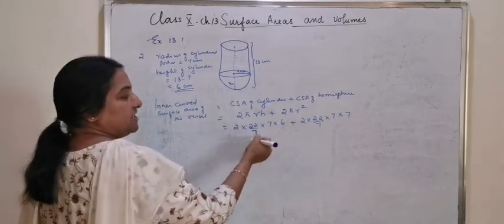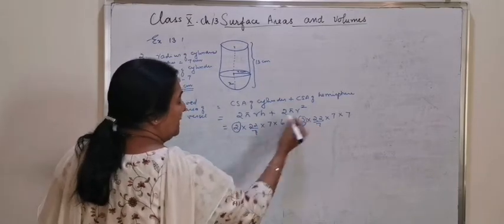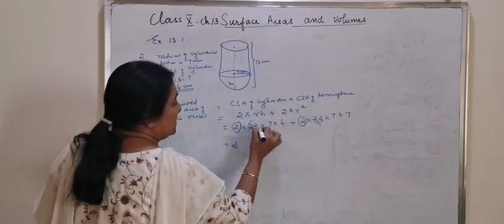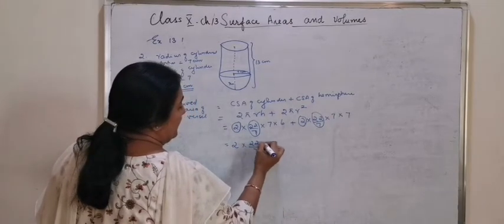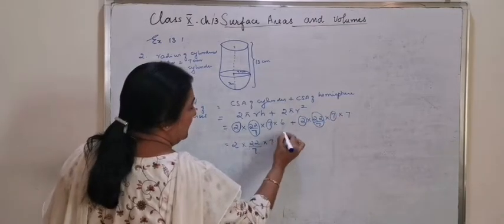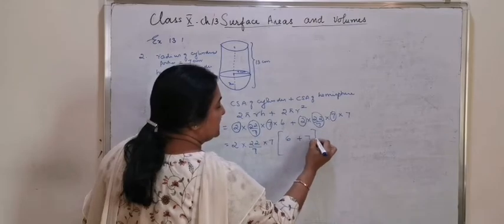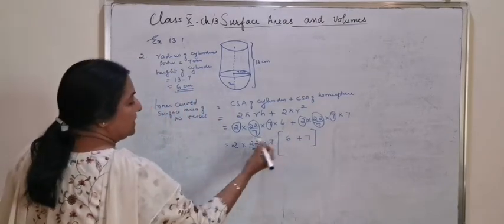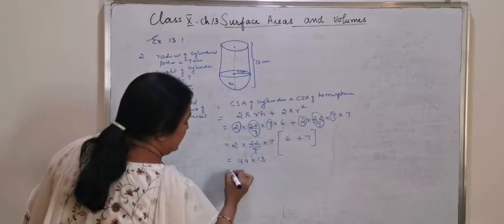Instead of simplification, we can take the common factor outside. 2 is common, then 22 by 7 is common, and another 7 is common. It is 6 plus 7. Now you can simplify as 44 into 6 plus 7 is 13.